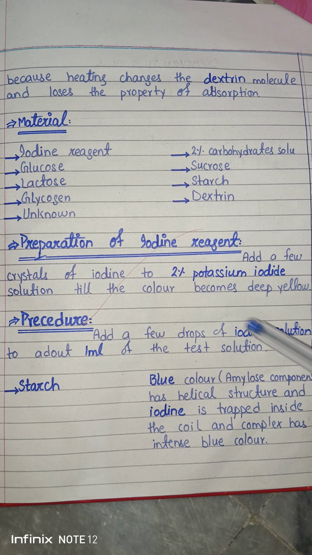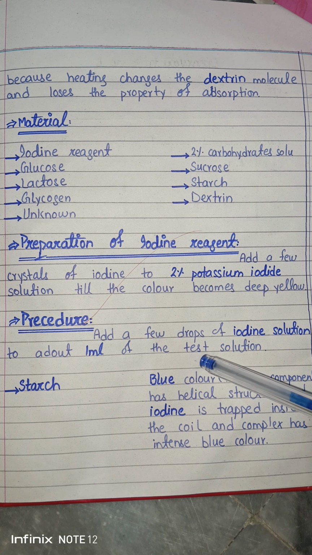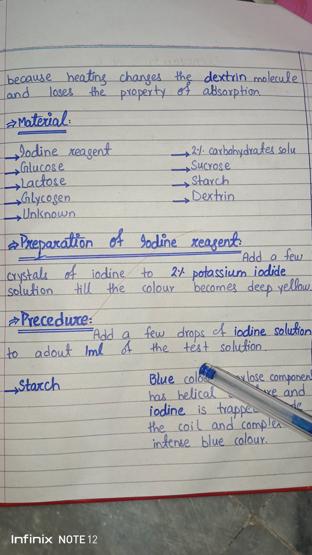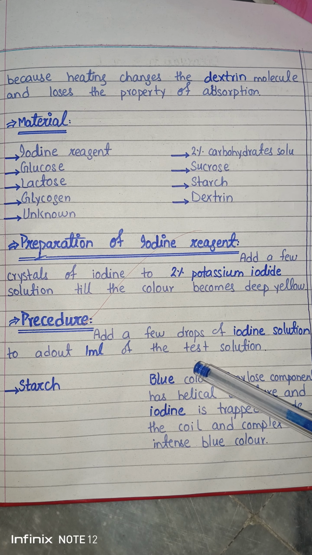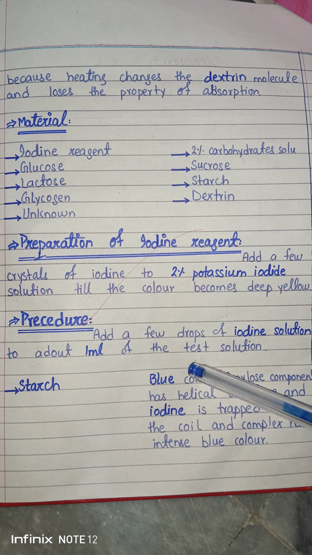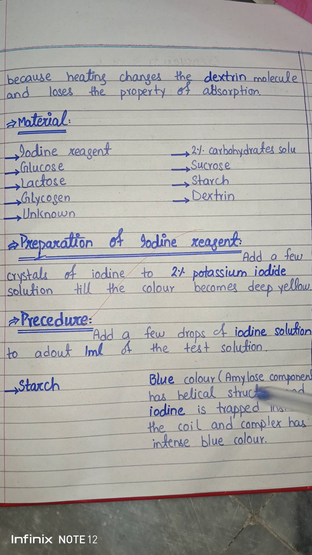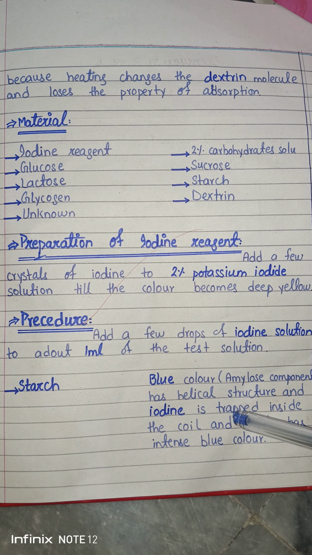No other polysaccharide gives this blue color. Only starch gives blue color, so you can identify which polysaccharide it is. Blue color always detects starch. Iodine is entrapped inside the coils and the complex gives an intense blue color.